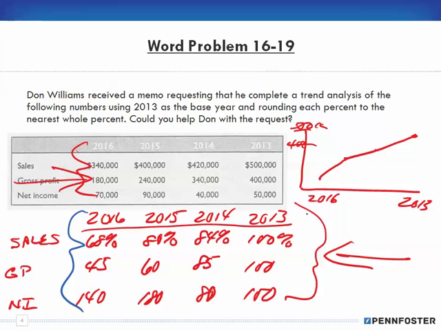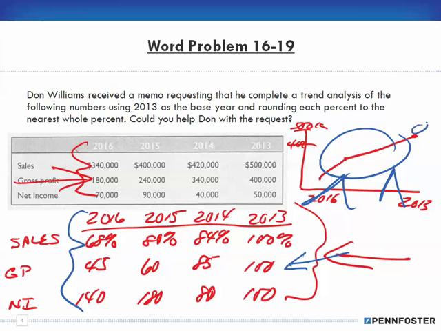And this is the same exact thing. The D-O-G is this data. The picture here is the picture of that nice little dog, right? So much for my drawing. But anyway, that's why we do a trend analysis and how we use that information.